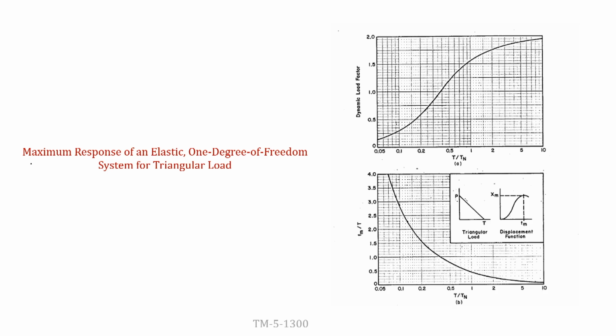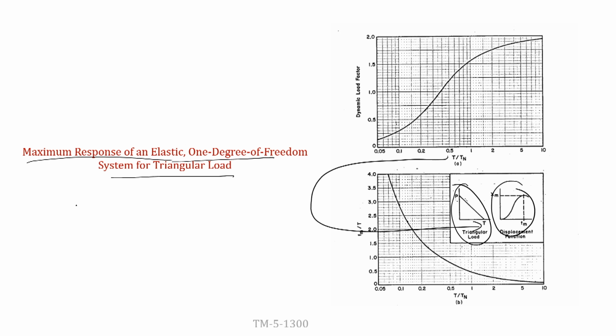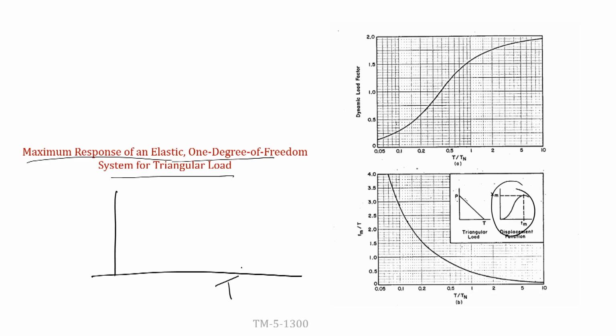So, the maximum response of an elastic single degree of freedom system for a triangular loading. The loading is a triangular loading, and this is the response of the system. Here T is the duration of the loading, and this Tn is coming from the system.